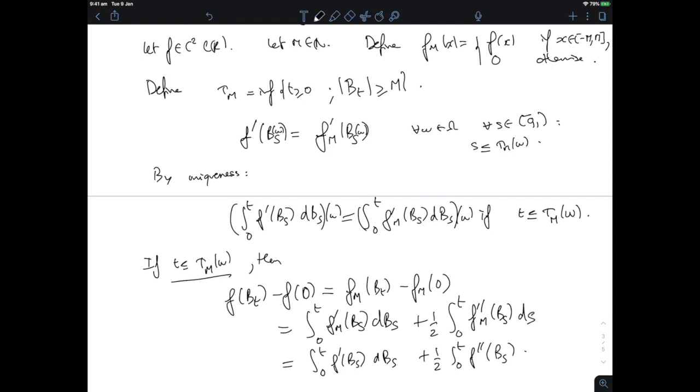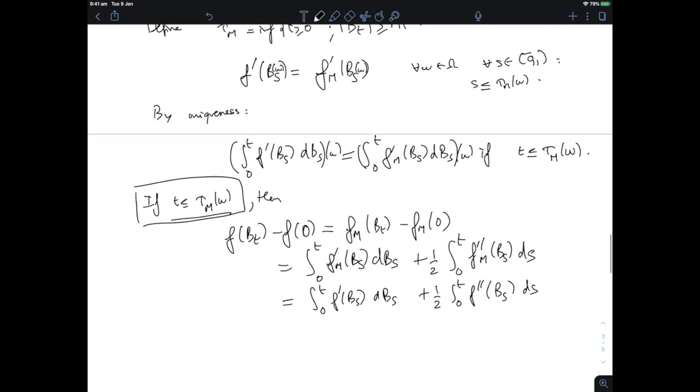So I don't use the uniqueness of the Ito integral, I just use the pathwise definition of the Riemann integral. So I have my Ito formula now under this extra assumption that t is smaller than tau_m(omega).